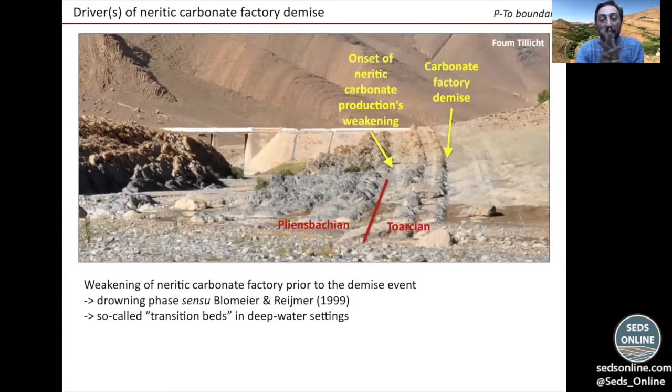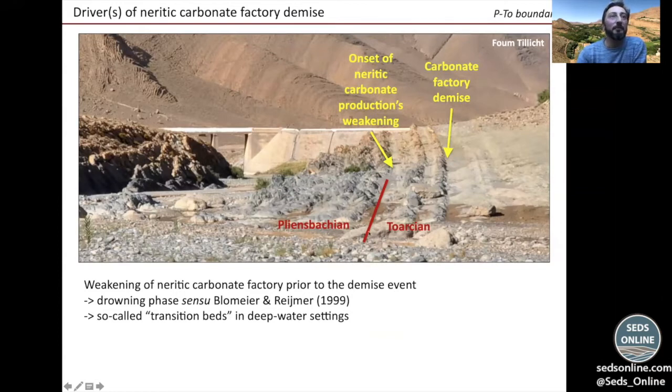The first thing is when we look at the Pliensbachian-Toarcian boundary here, and we come back to the deeper water setting, it's very, very informative. During the Pliensbachian, you have this densely packed limestone-marl alternation, so a lot of limestone and very small marl interbeds. Here is the Pliensbachian-Toarcian boundary dated by ammonites, no problem.